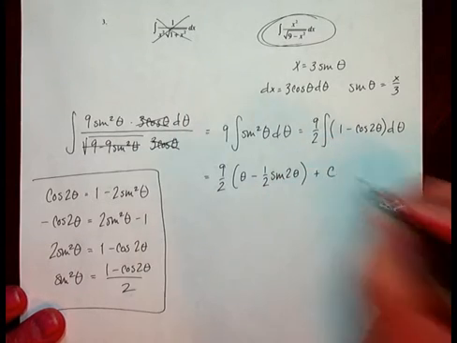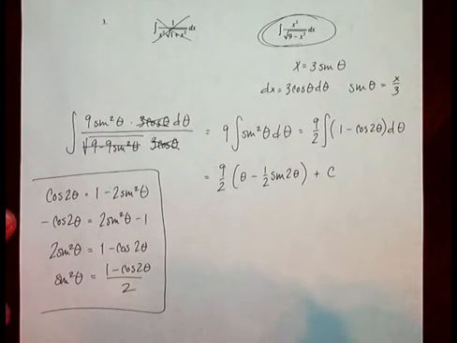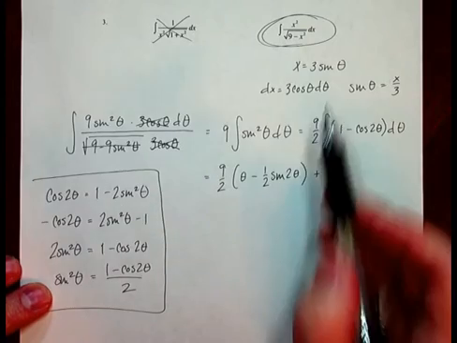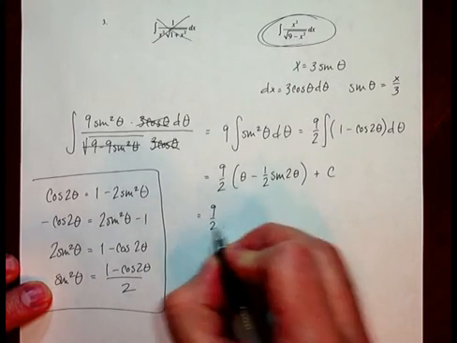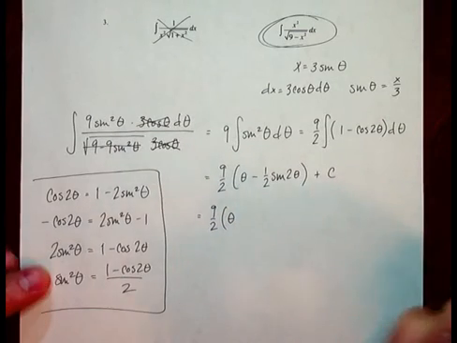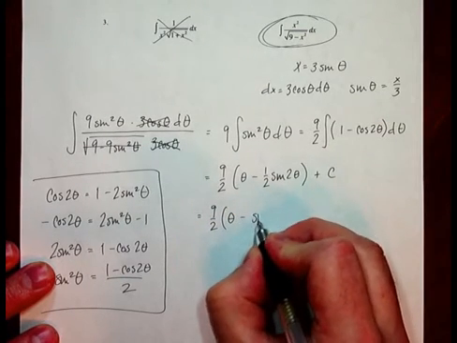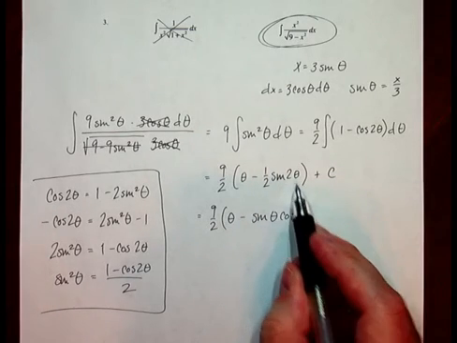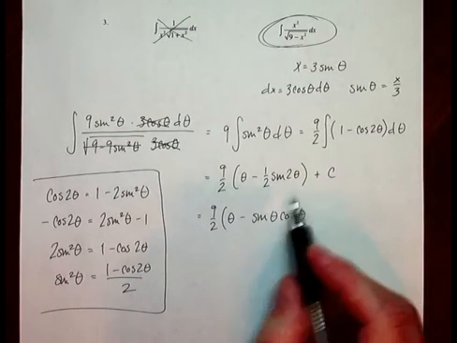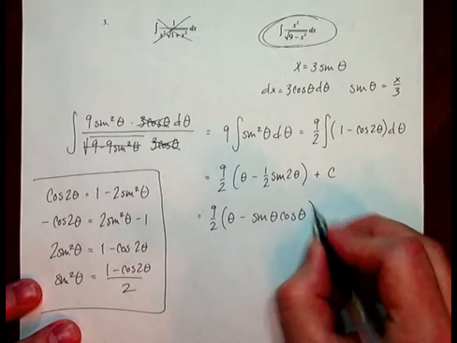Now, sine 2 theta doesn't do us much good if our triangle is set up with theta, but we also know that our double angle identity makes this sine theta cosine theta, because sine 2 theta is 2 sine theta cosine theta, and the leading 2 will cancel with the 1/2.